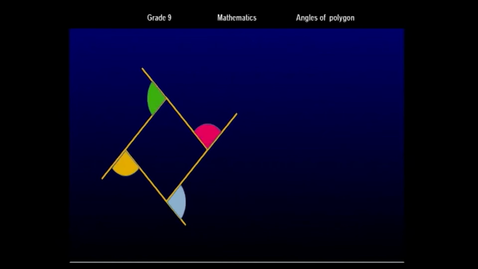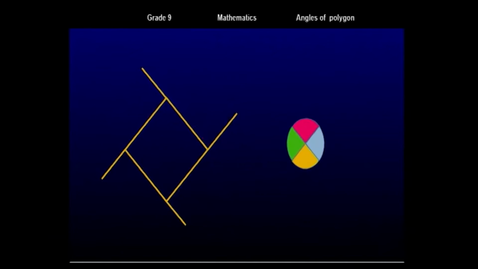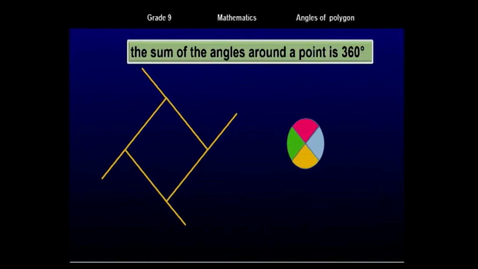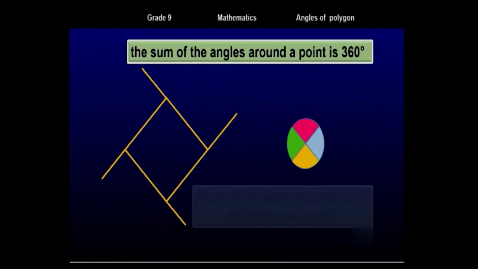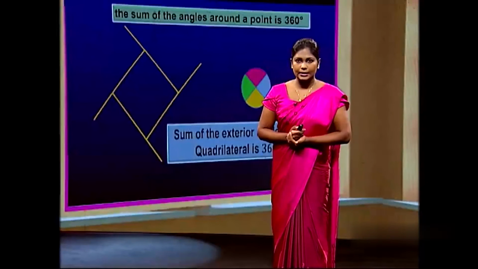Then cut these angles, and again mark a point on your piece of paper and paste them like this. What happened to this? In here also the sum of the angles around a point is 360 degrees. That means the sum of the exterior angles of a quadrilateral is also 360 degrees.